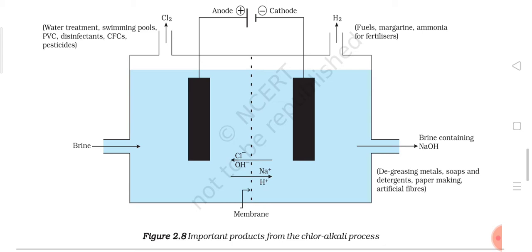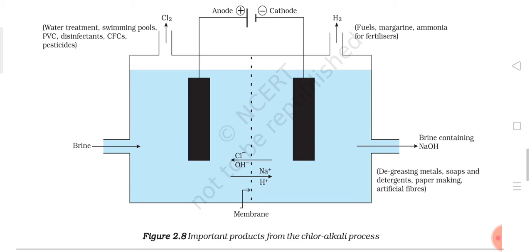So when you dissolve NaCl in water, it dissociates into its constituent ions, which are sodium ion and chloride ion. Now apart from these two ions, you can also see hydrogen ion and hydroxide ion. They are also getting produced in this case because H2O, water, is also getting dissociated because of the electric current which is passing here.